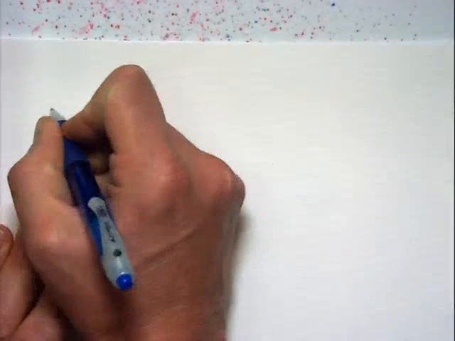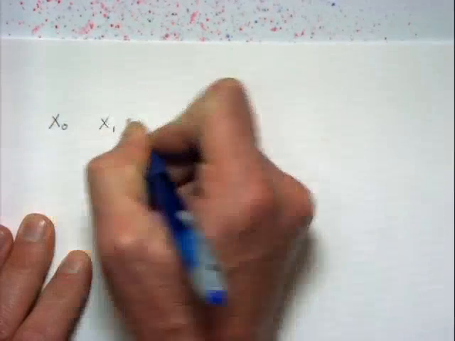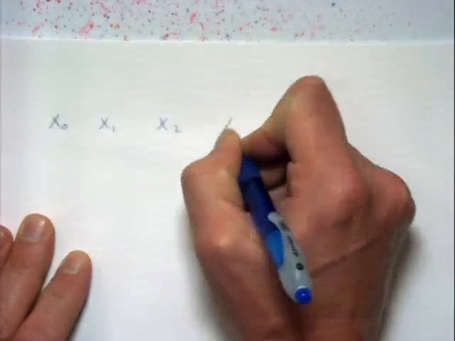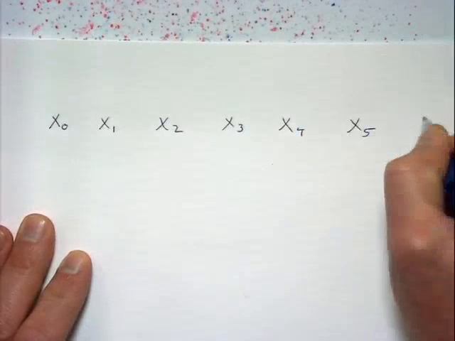Let's say you have a Markov chain. We're going to be having a few Markov chains today, so I'll draw something that's long. We have X0 and then X1 and X2 and X3 and X4, X5, X6.